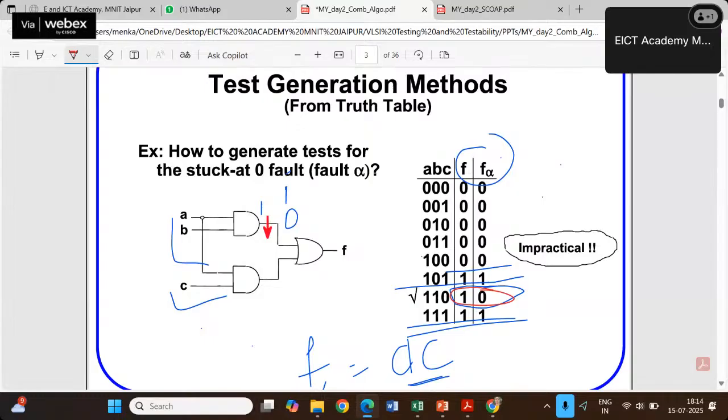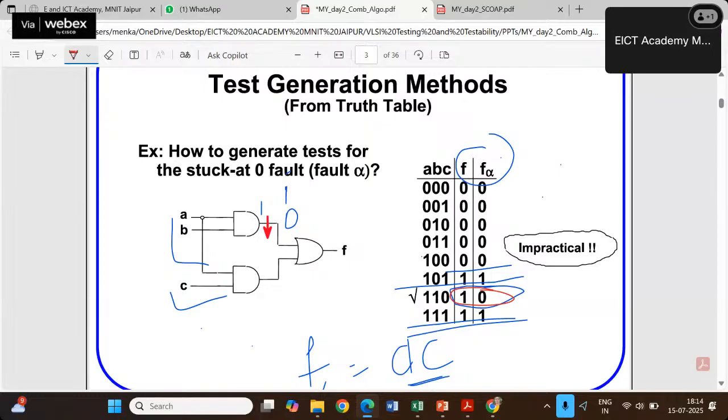So it means this is the test vector. If I apply 1, 1, 0, then at the output what I am getting? 0 instead of 1. So if the output is connected to an LED, for sure I will find that the LED is off instead of on, which was expected in the true value. All other cases, faulty and fault-free values are the same.